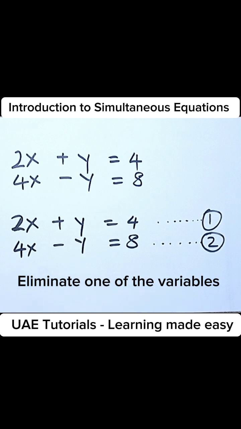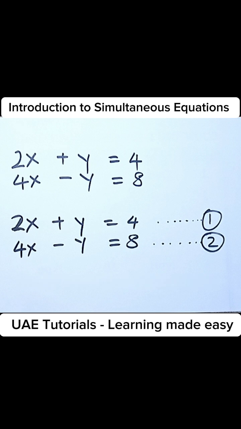The method I'm going to use is called the elimination method. There are different methods of solving simultaneous equations. The more examples we solve, the more you will see these methods. But I am going to try to eliminate one of the variables. And looking at these two equations, which variable do I want to eliminate?